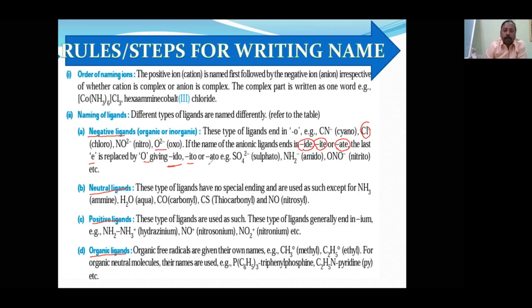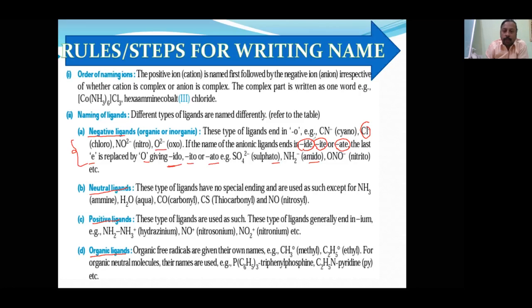Nitrito, oxalato, sulfato, imido, like this, these are the modifications in common inorganic naming. And here the difference is chlorato, bromido.